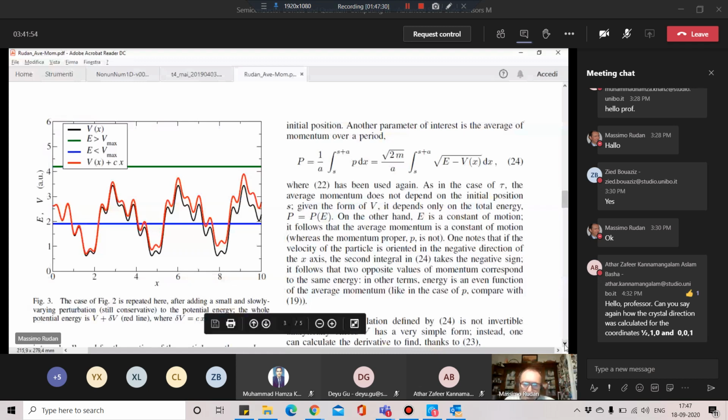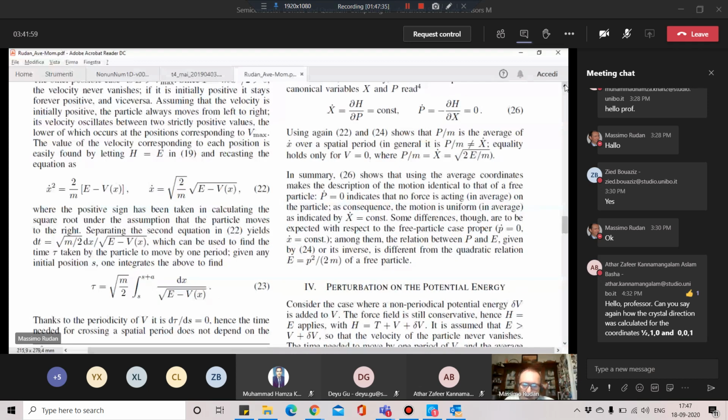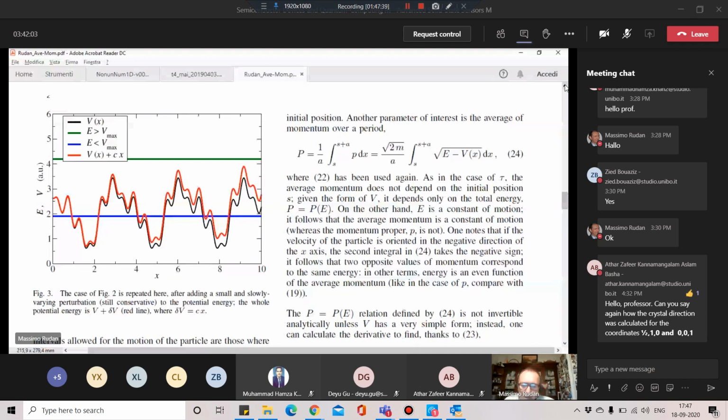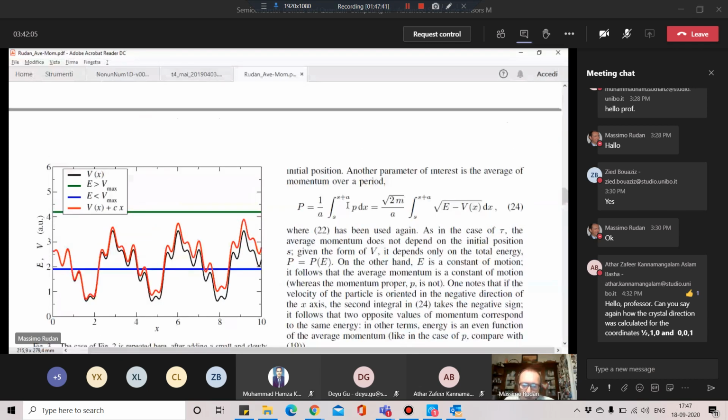Okay, so then you integrate momentum again over a period. And since you want to obtain the average, you integrate over a period and then you divide by a period in order to obtain the average proper of this function, okay? So the average is called capital P. This is the average momentum, okay?